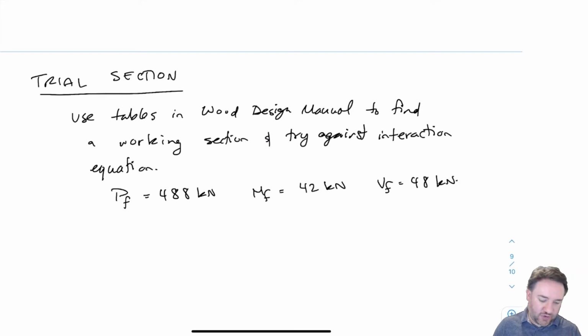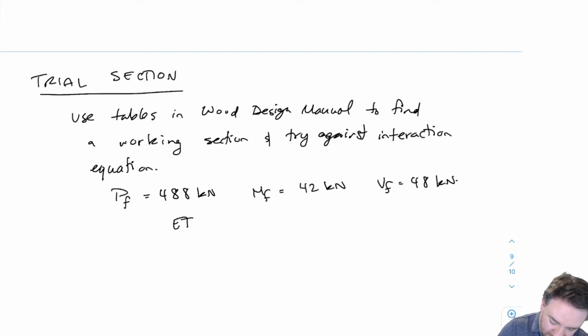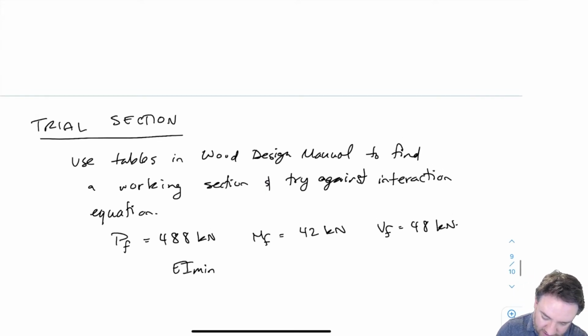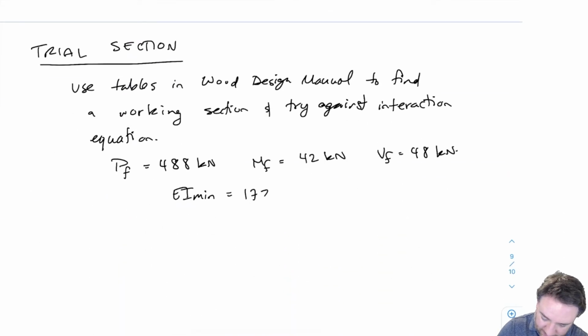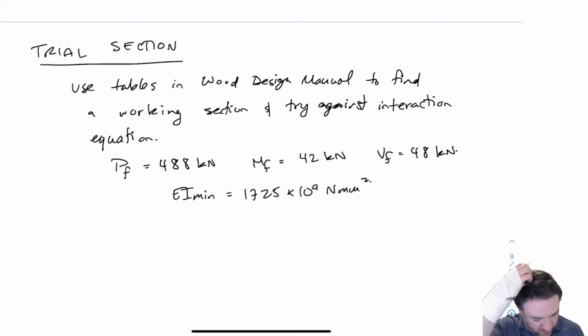Okay, so those are our targets. And also our EI min that we just looked at is 1725 times 10 to the 9. Okay, so armed with all that, let's go to the tables and see what we can find.